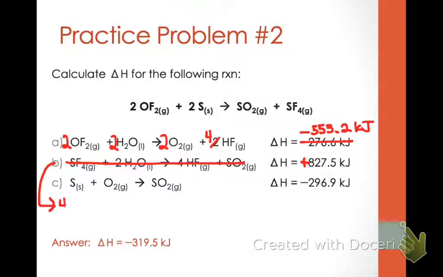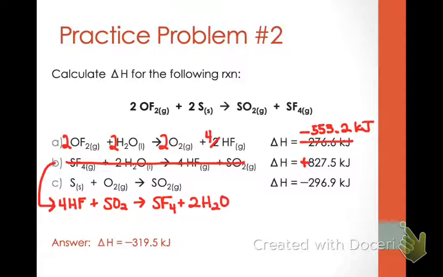So I have 4HF plus SO2 yields SF4. And don't worry if you're not writing things in the same order as me. As long as you have the reactants on the reactant side and the products on the product side, it doesn't matter what order they're in on those sides. So B is now rewritten.